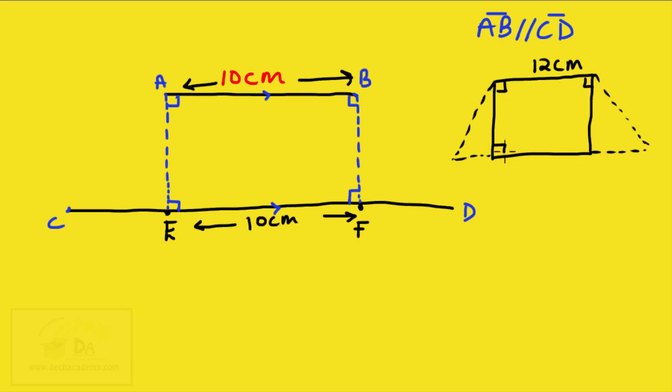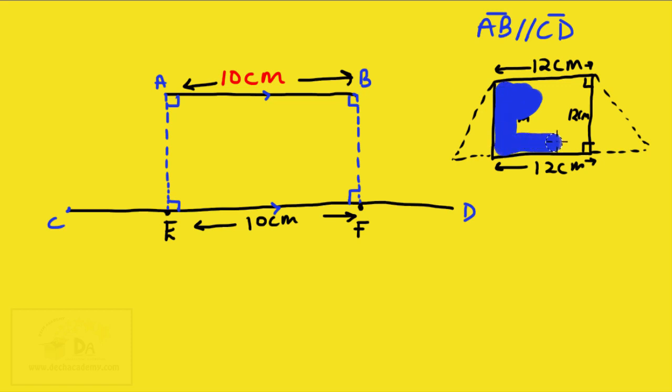Essentially we obtained a rectangle, and this side was also 12 centimeters just from here. It turned out that the height, this height here, which was the perpendicular height, was also 12 centimeters, which means that the shape formed, the shape here, is a square.